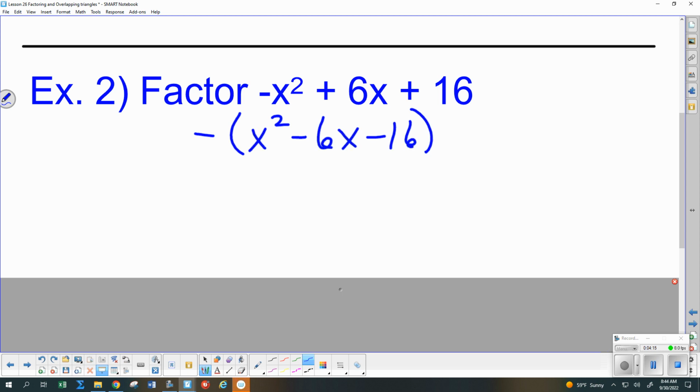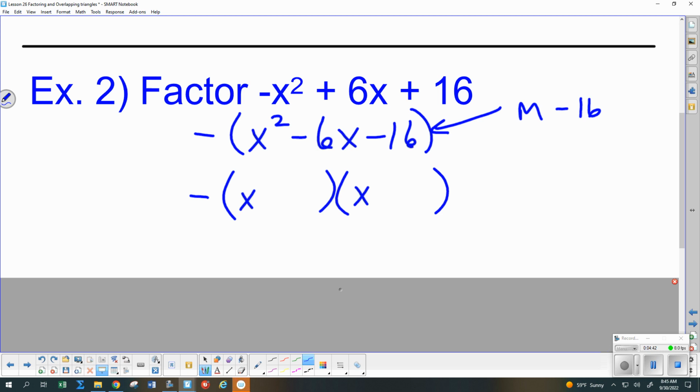So if I factor the minus sign out in front, I'll keep that as part of my final answer, but then I'm trying to factor x squared minus 6x minus 16. I had to change all of the signs there. Now I have to keep the minus sign. I'm looking for two parentheses that can each start with an x. What do they need to multiply to be? -16.